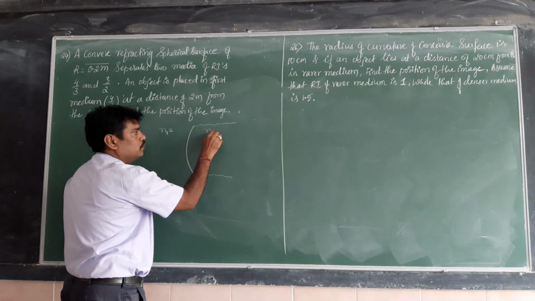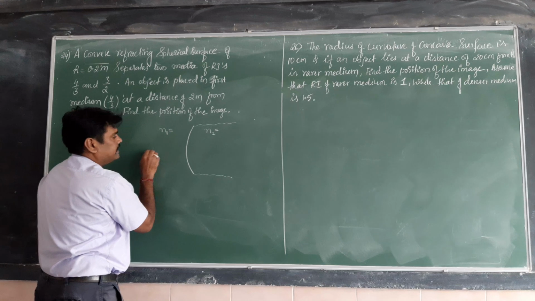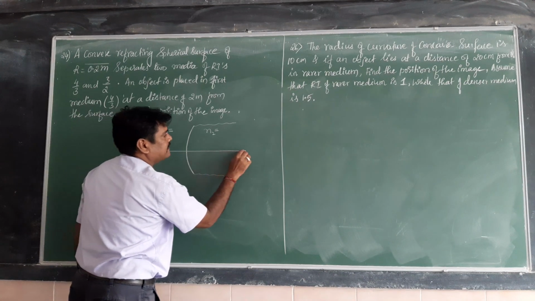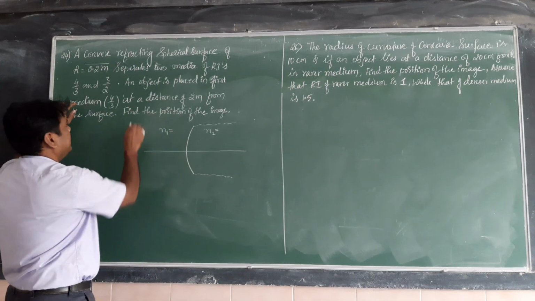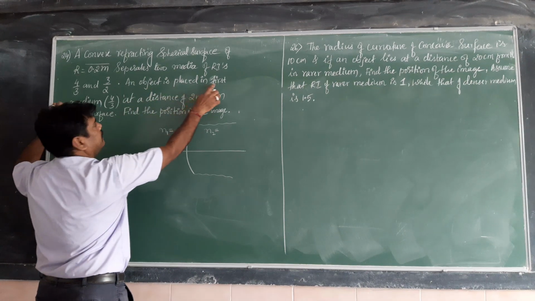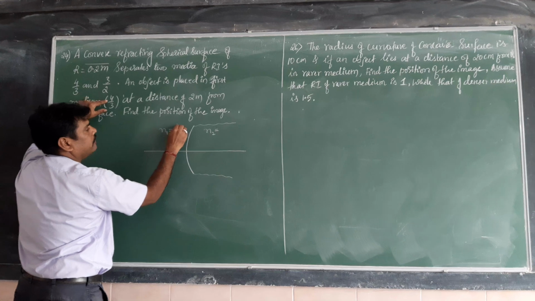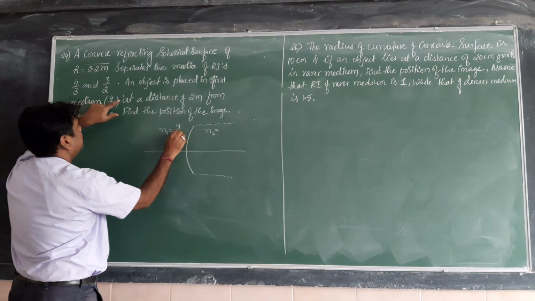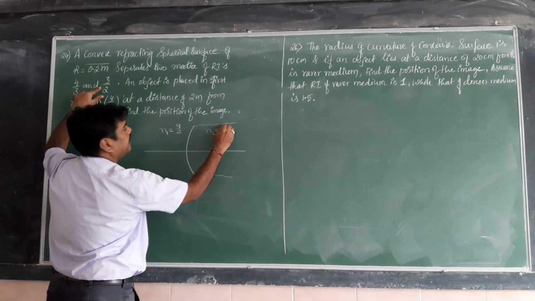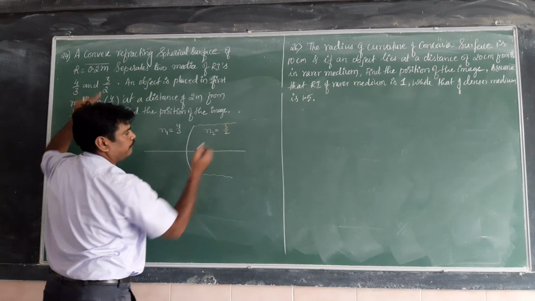So this is N2. Now this is the principal axis. See here, the object is placed in the first medium N1, where the refractive index is 4 by 3. It means the image is formed in the medium of refractive index 3 by 2.